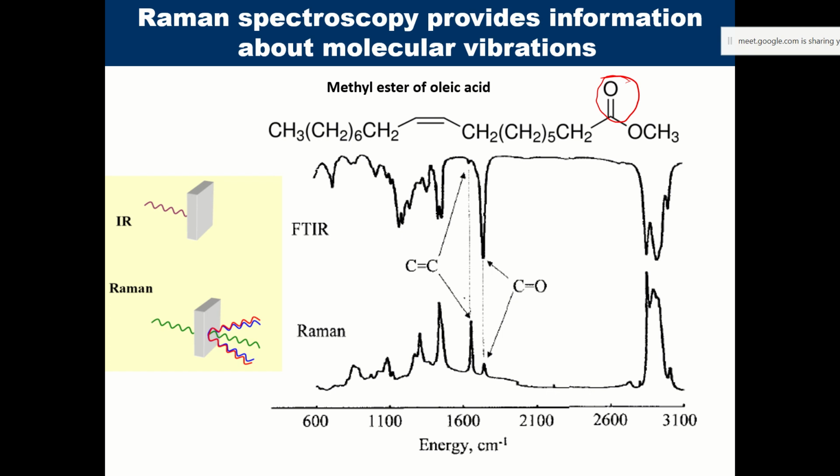So in this ester, what do you see? There are two points of interest that the arrows explain. What are they? Carboxyl, change in dipole, polar bond, and this CC is non-polar.